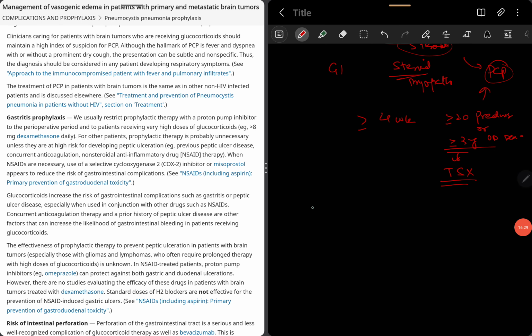So, suppose this is a case of a patient with meningioma or oligodendroglioma who has a new onset of headache, focal neurological deficit, or worsening encephalopathy. You initiate steroids and the patient improves.